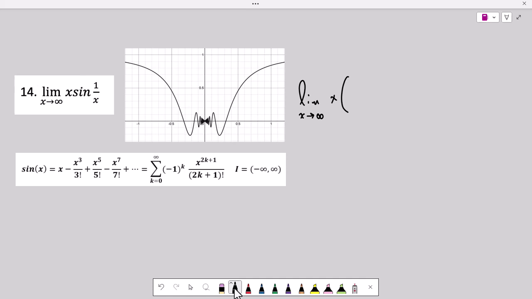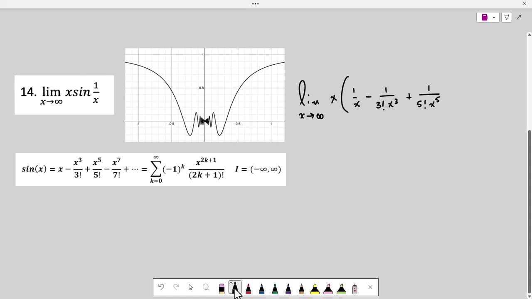So sine of 1 over x, we just come in here and turn all these into 1 over x. So that's going to be a 1 over x right there. This is going to be 3 factorial times x cubed in the denominator. So we're just going to do this all the way across the board. 5 factorial times x to the 5.